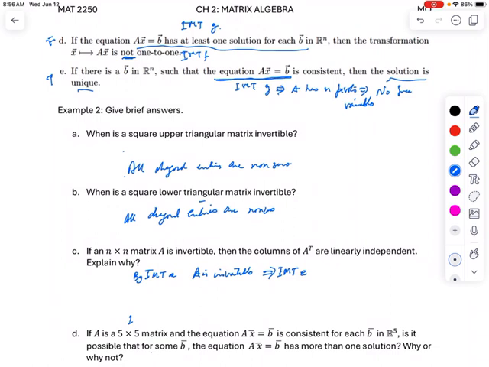And then if you look at, A is invertible also implies IMT L, which is saying A transpose is invertible.